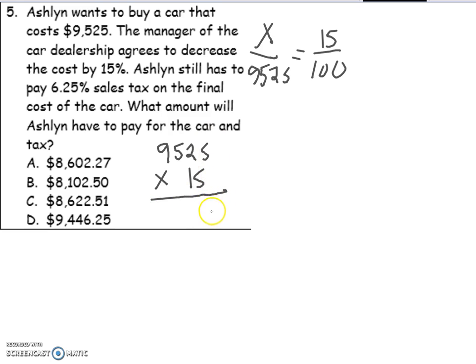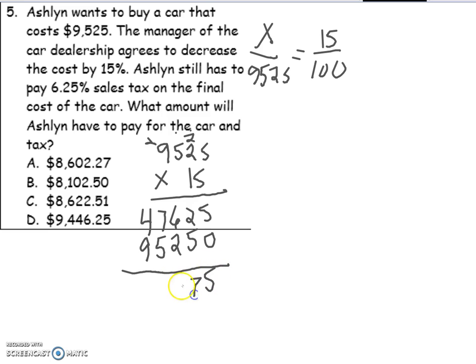All right. 5 times 5 is 25. 5 times 2 is 10, plus 2 is 12. 5 times 5 is 25, plus 1 is 26. 5 times 9 is 45, 46, 47. Put a placeholder. 1 times 5 is 5. 1 times 2 is 2. 1 times 5 is 5. 1 times 9 is 9.